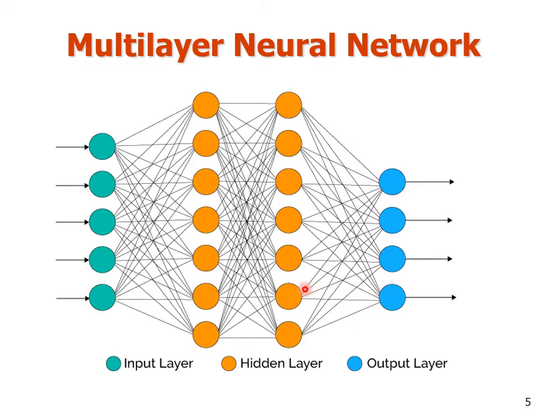As I mentioned earlier, the output layer may have one or more neurons. Further, all these connections in between the layers are associated with weights, and how to manipulate or learn the weights, we are going to see the algorithm for learning such a multi-layer neural network, and the algorithm is popularly known as the backpropagation algorithm.